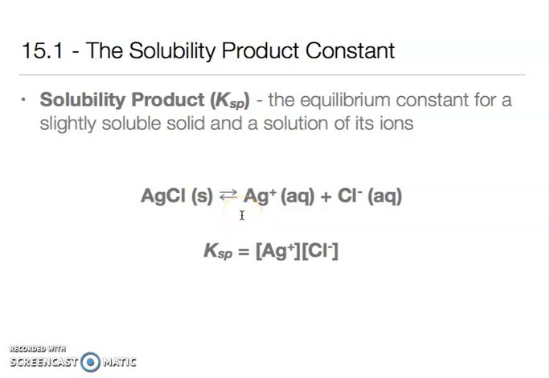If I had a coefficient of 2 or 3 or 4, we would raise it to that respective power, just like we've done throughout all of our equilibrium studies. So when asked to solve for the solubility product constant, it is equal to the concentration of the products raised to their respective coefficients. And then we're not going to divide it by the concentration of the reactants simply because our reactants are always, always going to be solid.